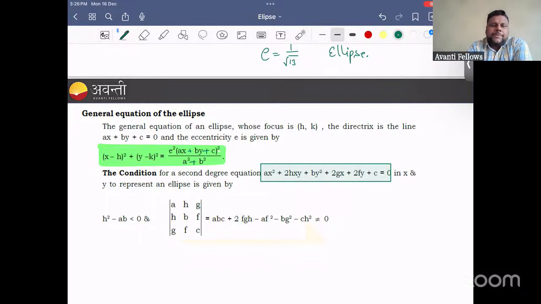That is going to be a second degree equation where there will be a term of x square, 2xy, y square, only x, only y, and constant. Now, this is the second degree general equation in two variables. This is what we call the second degree general equation in two variables.